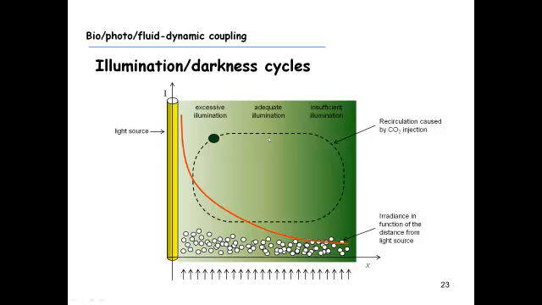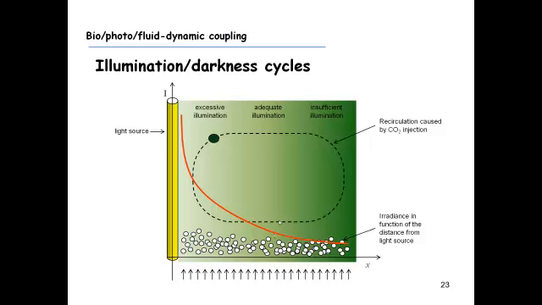When you inject the CO2 here, depending on how you inject this CO2, you can produce recirculation, which is an interesting thing to occur, because the cells that pass too close to the light source will very likely become inhibited, and they can pass some time in the dark here in order to come back to the active state.